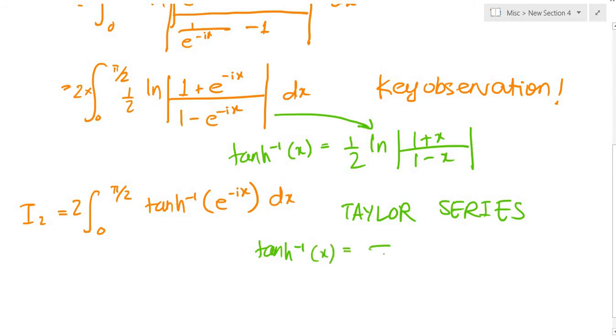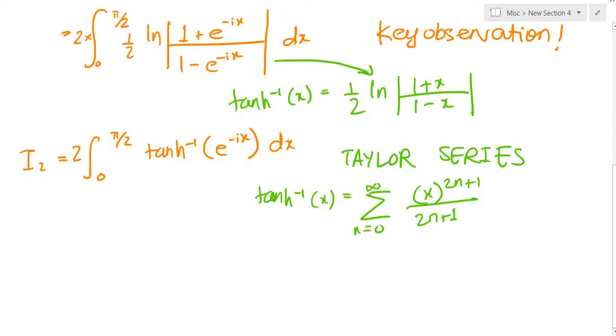is basically the sum from n equals 0 to infinity of x to the 2n plus 1, divided by 2n plus 1. So we can definitely use this fact now.